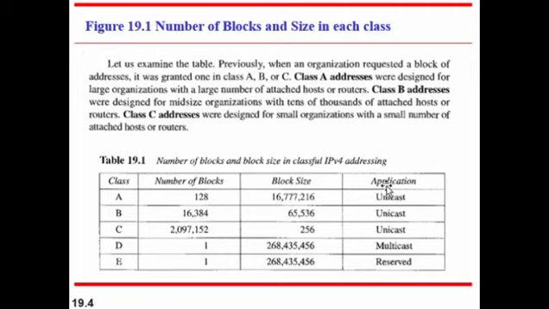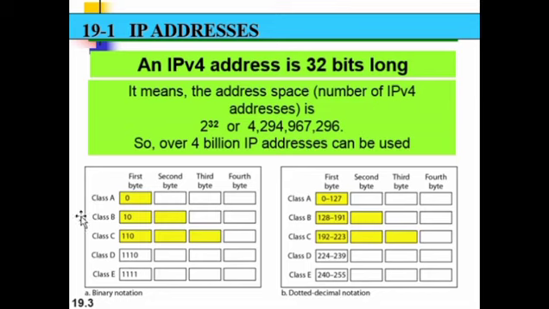The number of blocks we will calculate from the net IDs, and the block size we will calculate from the host IDs, right? The highlighted ones are the net IDs and the rest are the host IDs. In class A, we have the first single byte as the net ID.